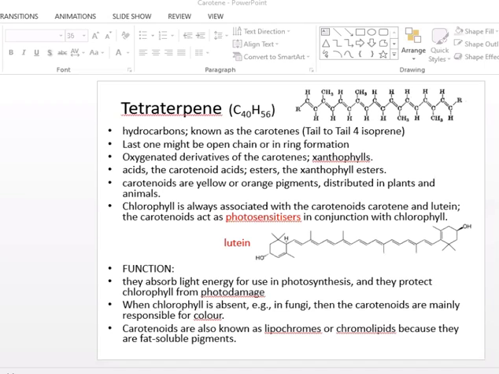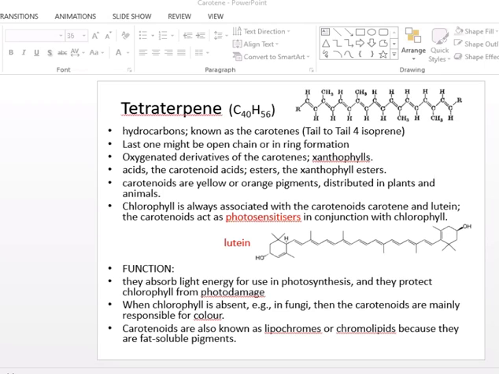They are yellow or orange pigmentation, distributed in plants as well as in animals. Field meaning you have the chlorophyll as well. It is associated with the carotenoid, carotenes and lutein, and it is a photosensitizer in conjugation with the chlorophyll.